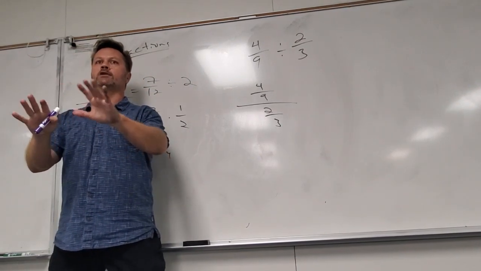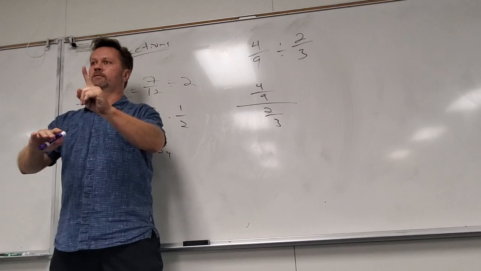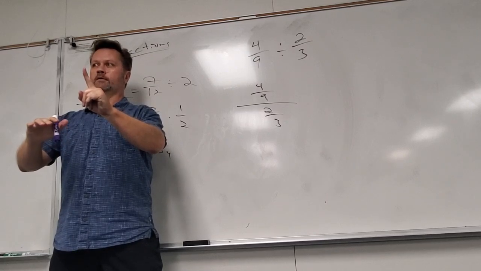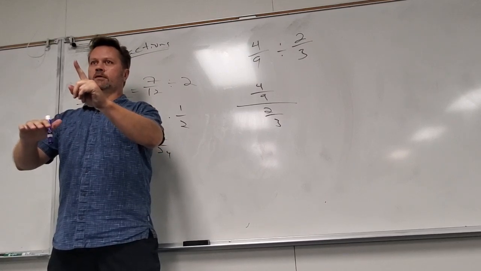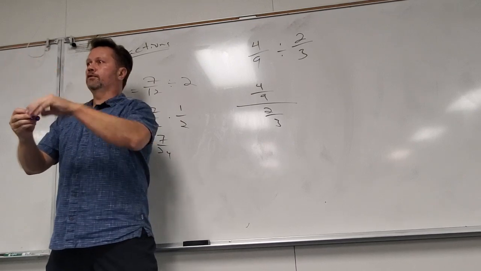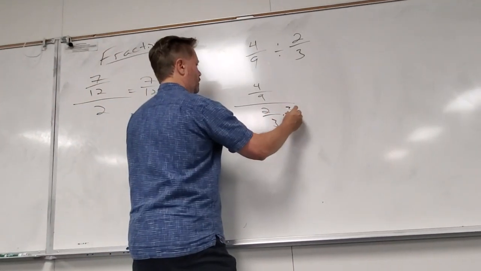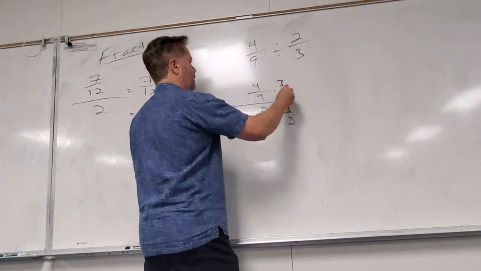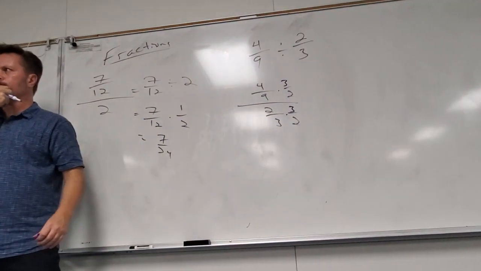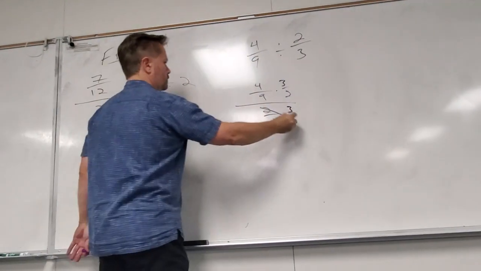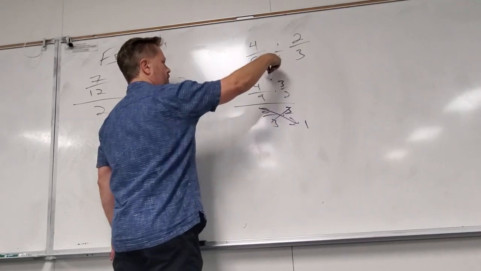What do I multiply a fraction by to make it become 1? Its reciprocal. Beautiful, right? So if I multiply by 3/2, I have to do it to the top also.